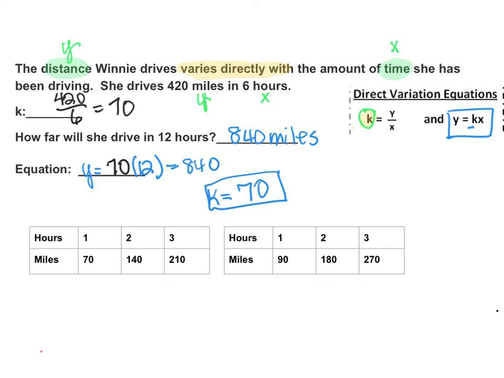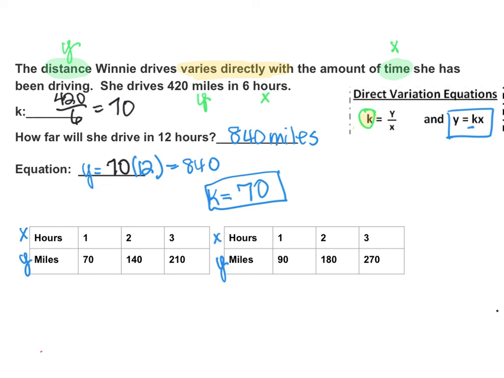All we would have to do is take a look at your table. This represents the X, and the miles represents the Y. So this represents the X, this represents the Y.